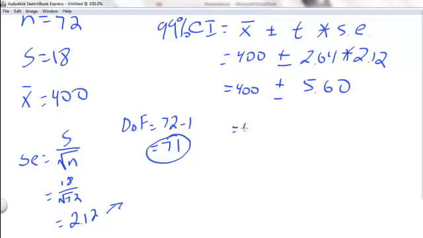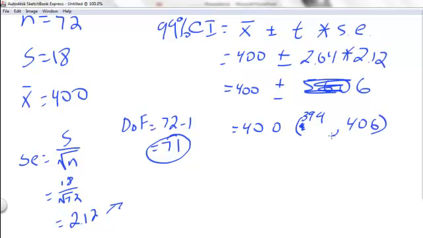So now I need to create the confidence interval, which is 400 hours plus or minus 5.60. Okay, so we've got, let's just make this 6, 394 and 406.